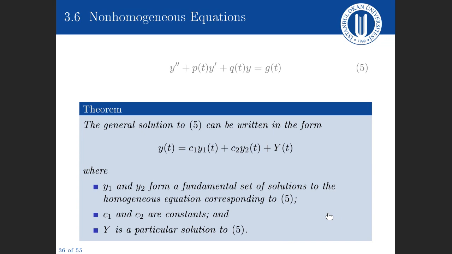C1 and C2 are constants. So in other words, we start with the general solution to the homogeneous equation, and then we do plus something else. And the something else is a particular solution to our non-homogeneous equation. In other words, it's just one solution that we can find, any solution that we can find.